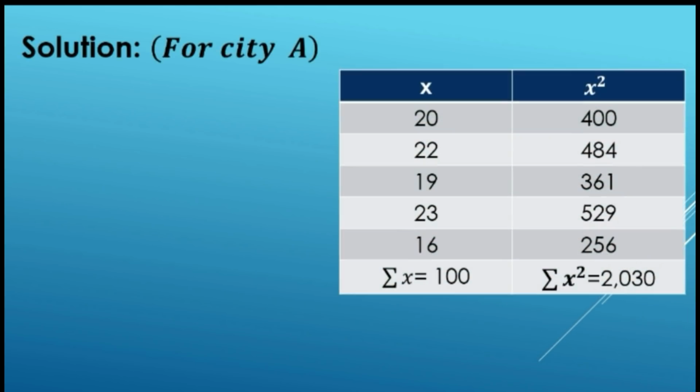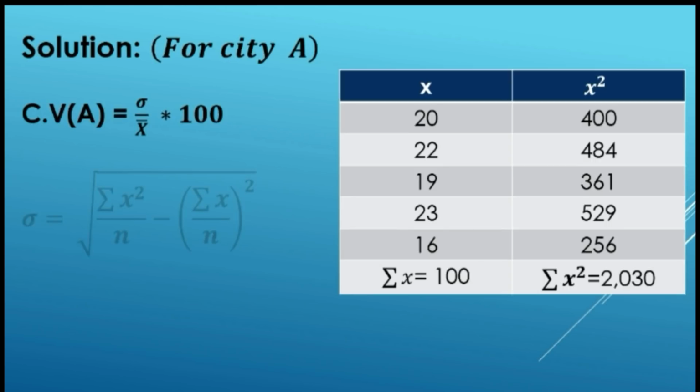For city A, this is the column of x and this is the column of x square, because the coefficient of variation equals sigma upon x bar multiplied by 100, but the formula of sigma is under root summation x square upon n minus summation x upon n, whole square.